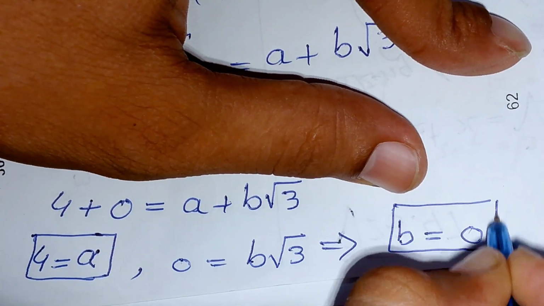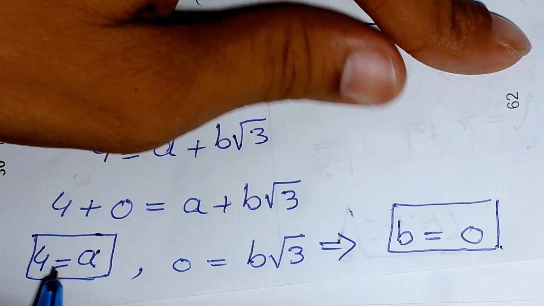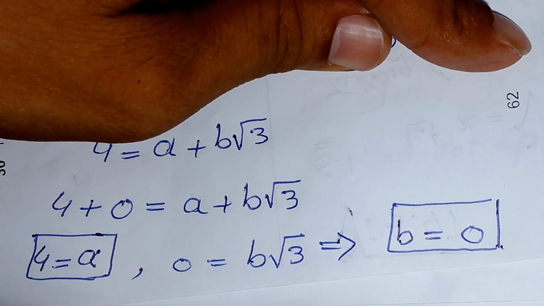So our answers are a is equal to 4 and b is equal to 0.